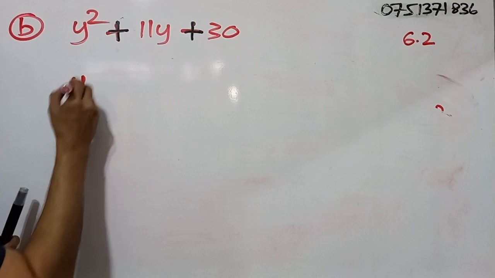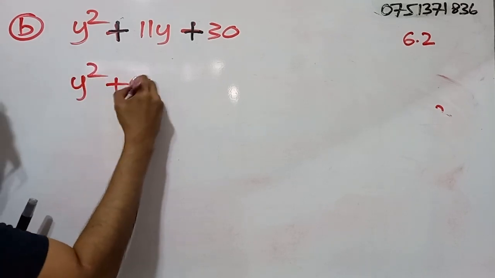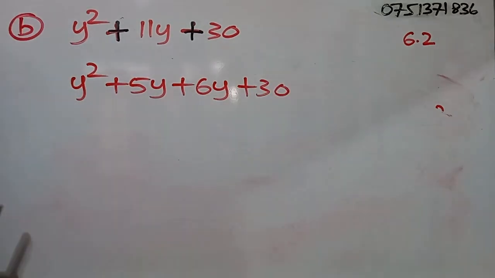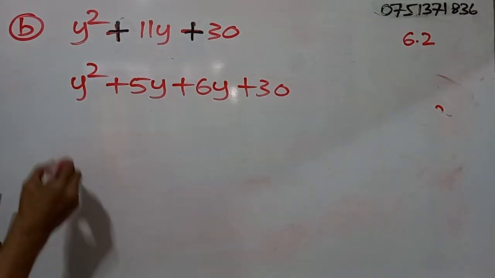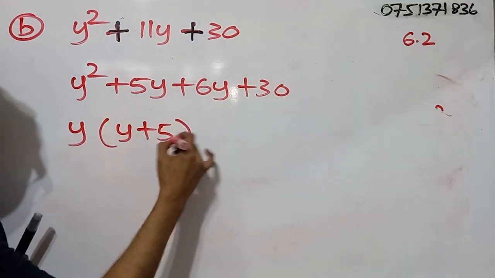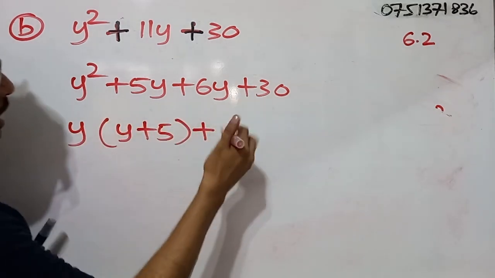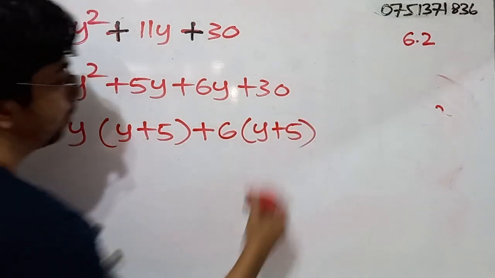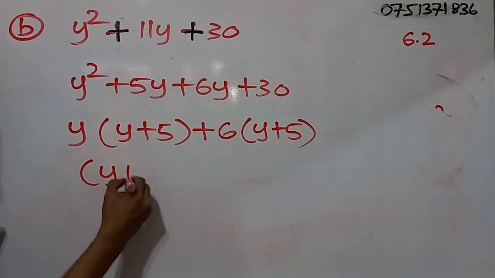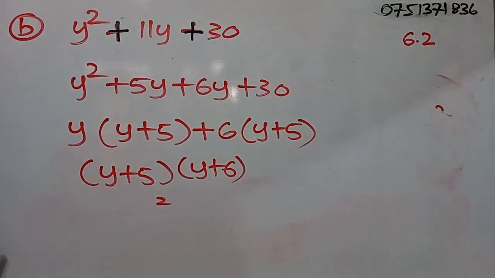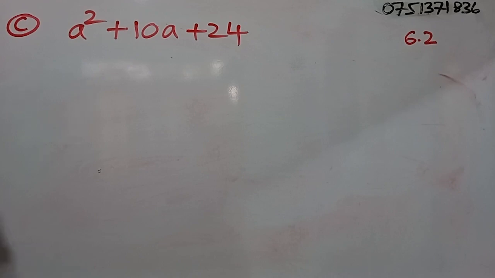So that means y squared plus 5y plus 6y plus 30. So when we consider these two terms, what's the common factor? Y. So what goes inside? Y plus 5. Plus, when we consider these two, common factor is 6. What goes inside? Y plus 5. Then y plus 5, y plus 6. That's the answer. Okay.